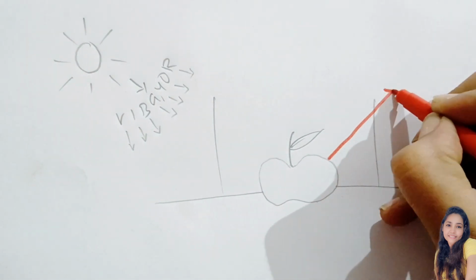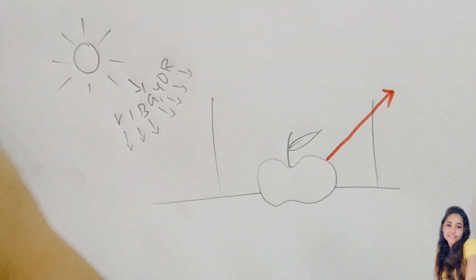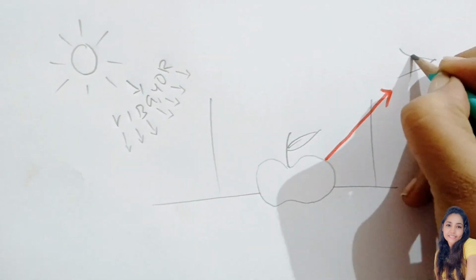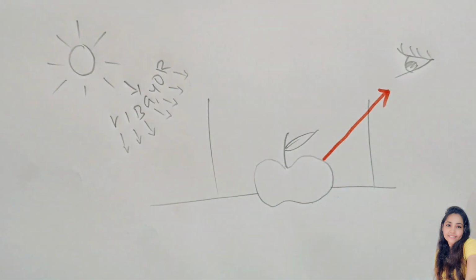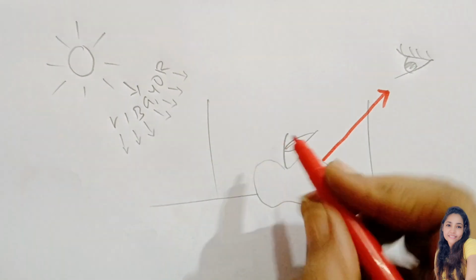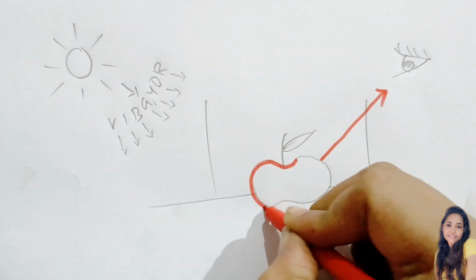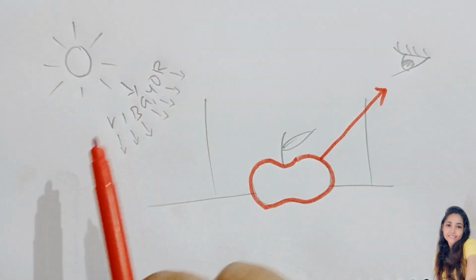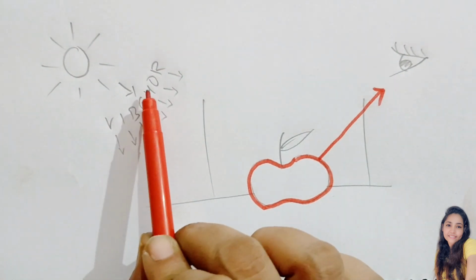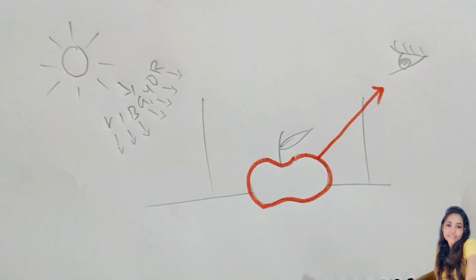Only red color gets reflected and goes into our eyes. That's the reason the apple looks red in color. Apart from red, violet, indigo, blue, green, yellow and orange have been absorbed.